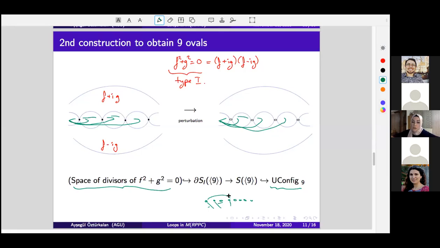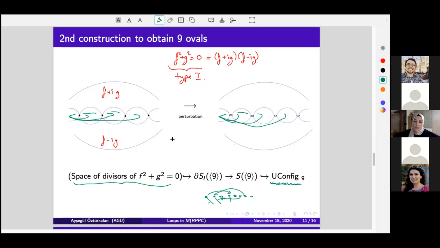So which one goes to the other one? This is configuration points. So this space can be embedded to the configuration space of 9 points. So we will look at our method in this space, how these points are moving in that space.